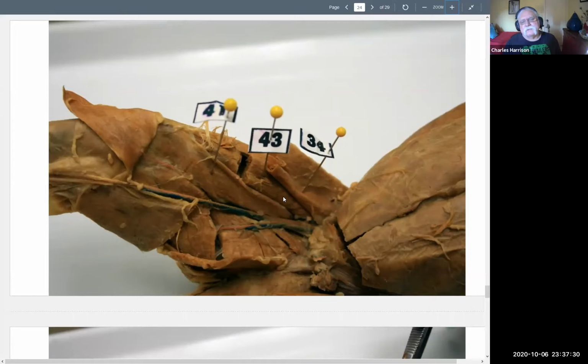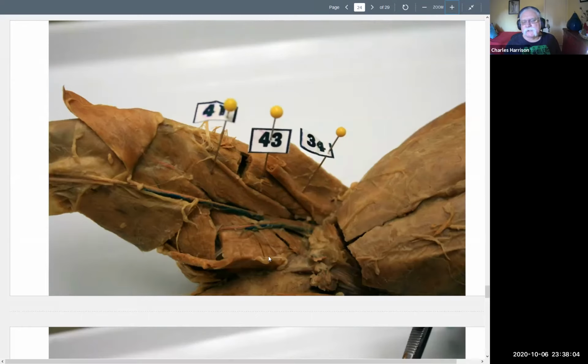Okay, on the more lateral side of the leg, pull back the sartorius, that's this piece, and this piece, number 34. There's a large muscle inside, which has been bisected. This is the rectus femoris. And then more medial is the vastus medialis. Over on this side to here, this is the semimembranosus.